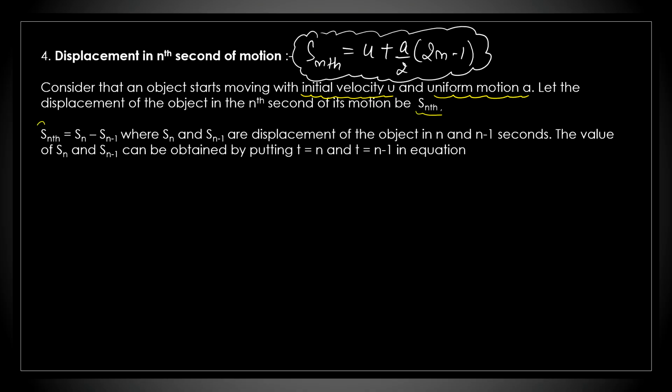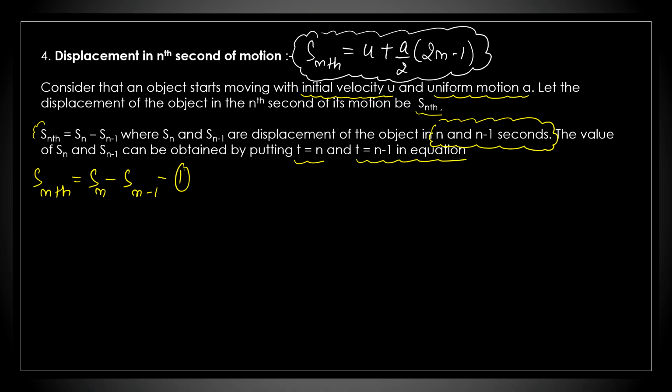Here s nth is equal to Sn minus Sn minus 1, which is equation first, where Sn and Sn minus 1 are the displacement of the object in n and n minus 1 second. So the value of Sn and Sn minus 1 can be obtained by putting t equal to n and t equal to n minus 1 in the equation s equal to ut plus half at square.